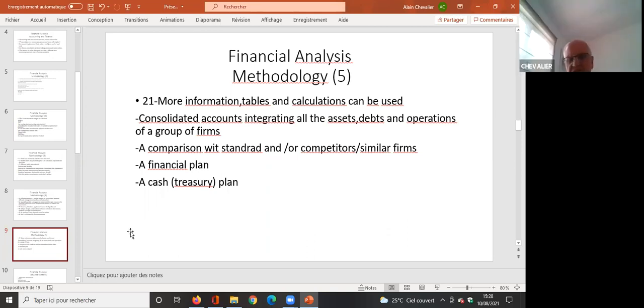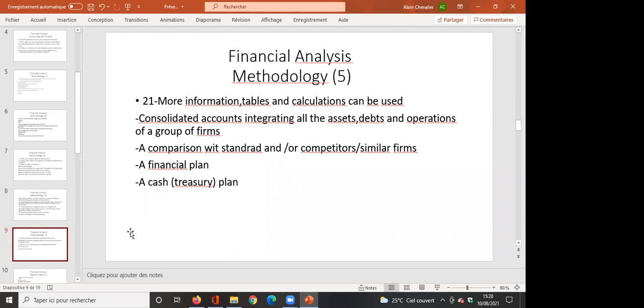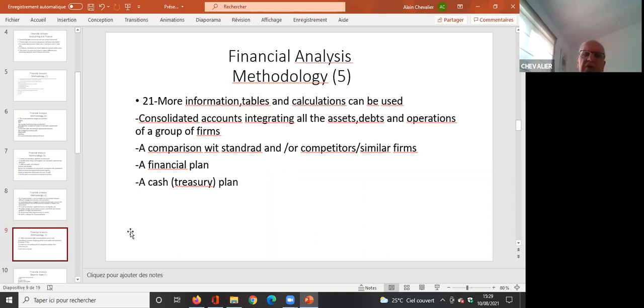That means you will need at the same time to make individual financial analyses. If you have a conglomerate in front of you, working in the textile sector, but also in the energy sector and in the financial sector, of course, you need individual financial analysis, firm per firm, economic sector per economic sector inside the group.